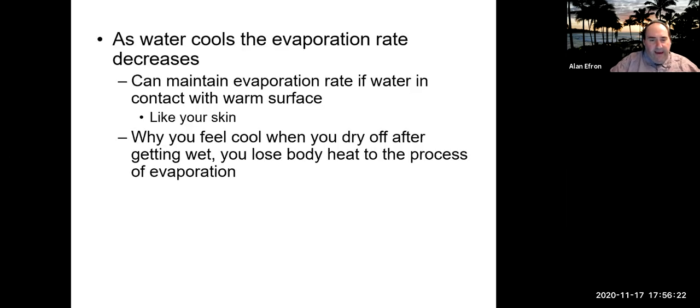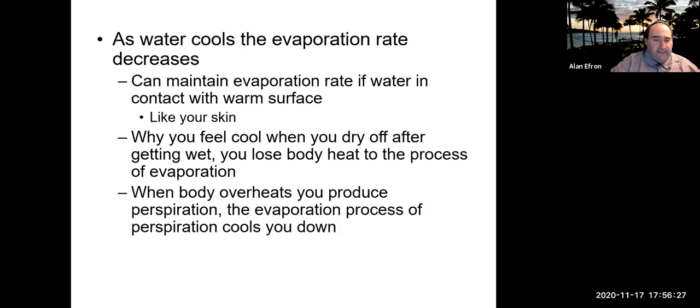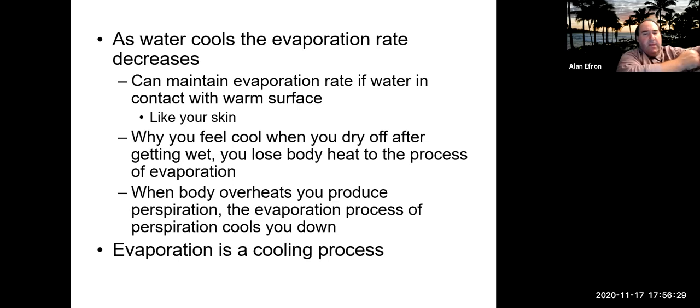As water evaporates or cools, the evaporation rate decreases, and we can maintain evaporation rate when water comes in contact with a warm surface. That is why we feel cool, right, when we start to sweat, for example, or if we get water on our hands or our body. When we have water on our hand, it's going to start picking up a lot of heat and energy, and the process of evaporation is going to start.